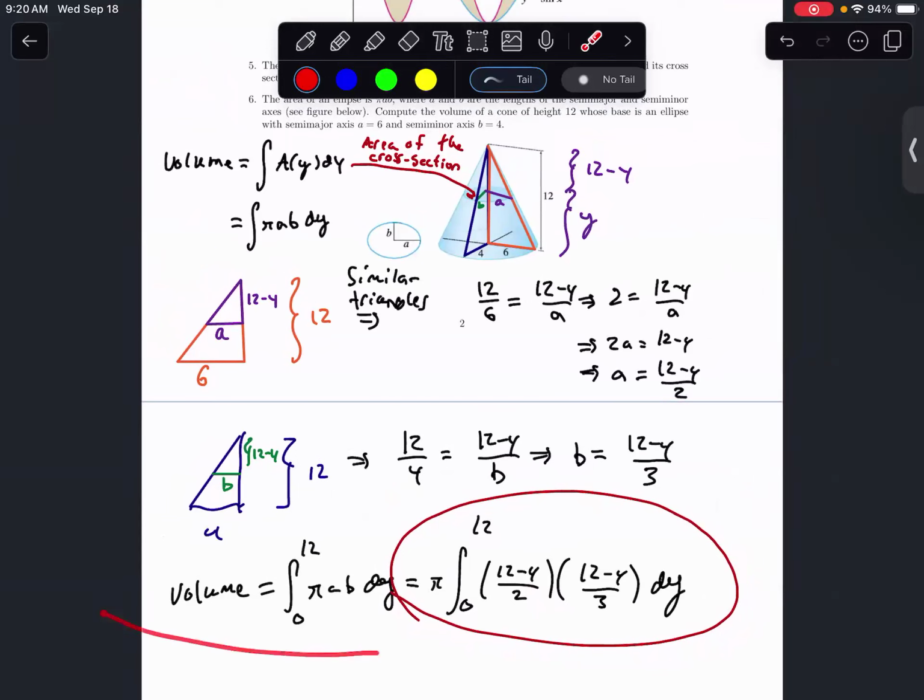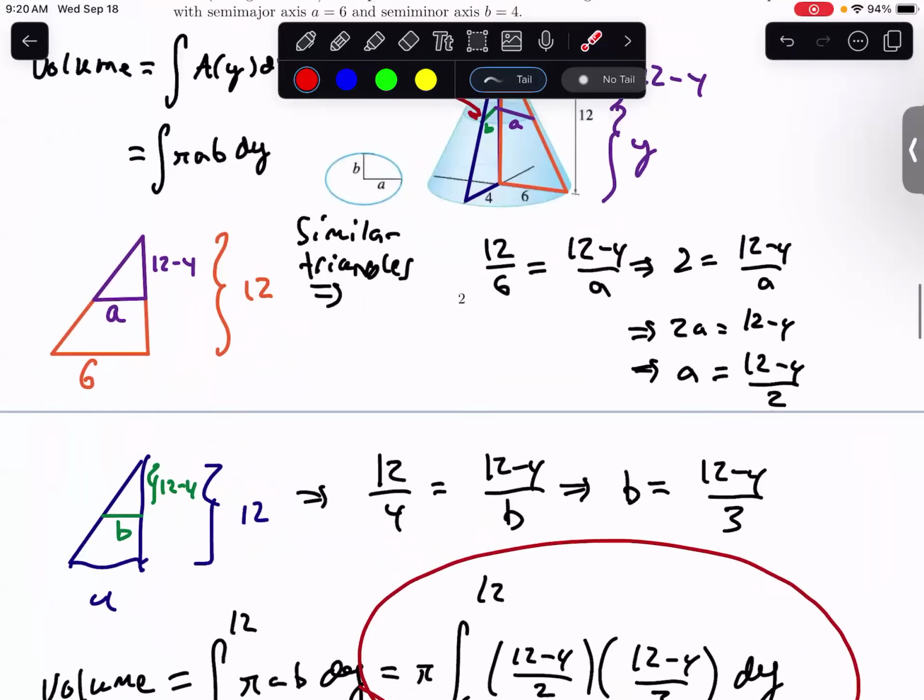Okay, any questions about setting up this volume integral? Yeah, question. Can you do it differently, like maybe find A in terms of B? You probably could. I don't know exactly how that would play out.